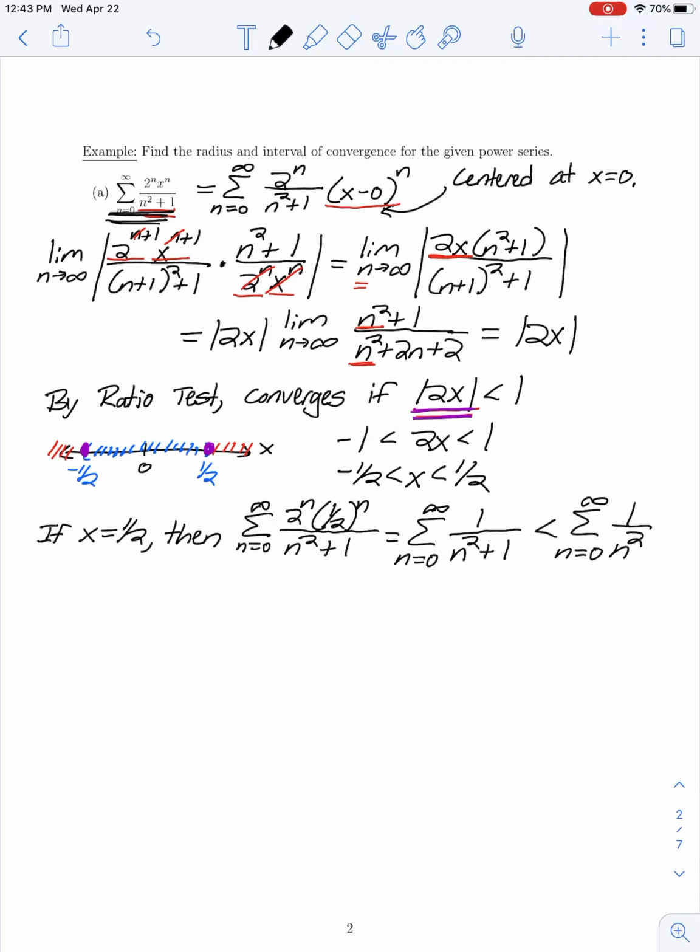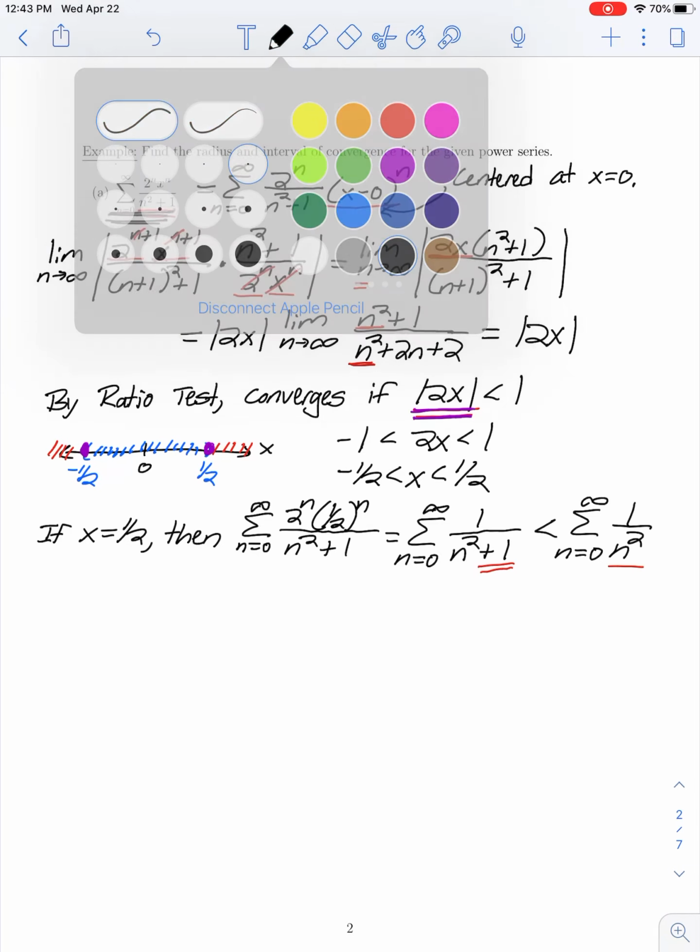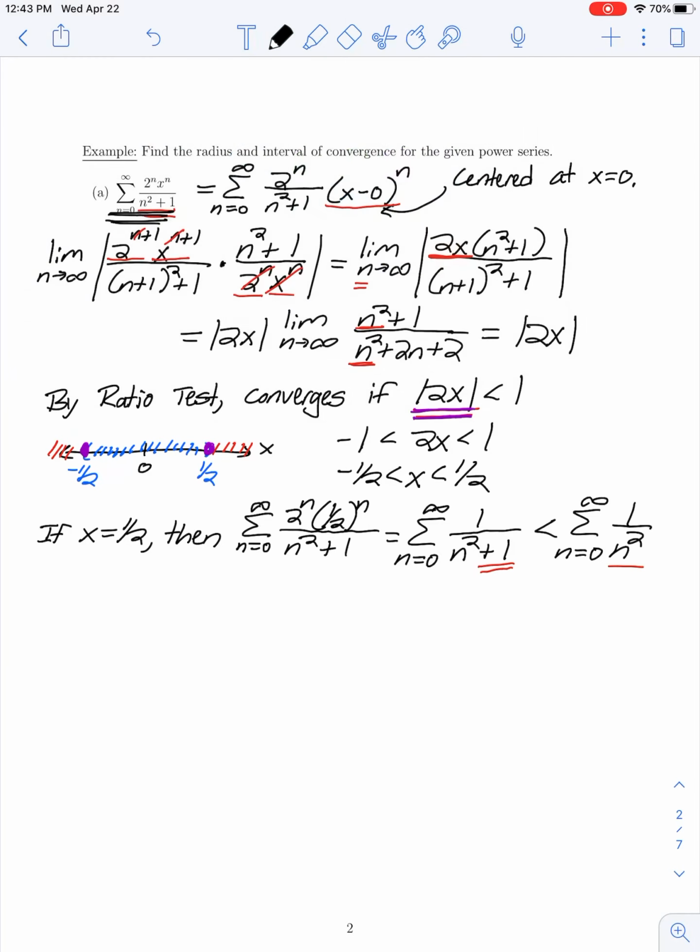So here, because we were adding, since we had 1 over n squared plus 1, if I were to omit that plus 1 term from the denominator, I get a series which is even larger. That is the sum of 1 over n squared, which is a convergent p-series. So we could say the following.